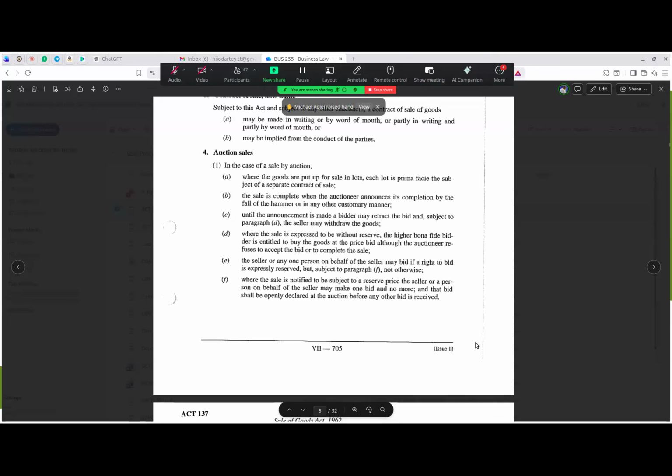I want to know who fixes that reserve price. Is it the court or the auctioneers? The court appoints a valuer. I'm asking because yes, they will appoint a valuer and they will set it up.